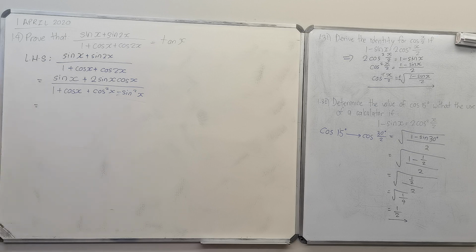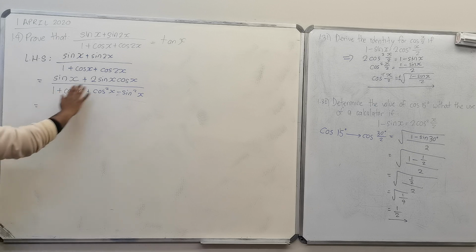What would you do after that? How do we start solving this situation? Remember, your goal is to get it to tan x. How? Well, tan is what? Sine over cos.